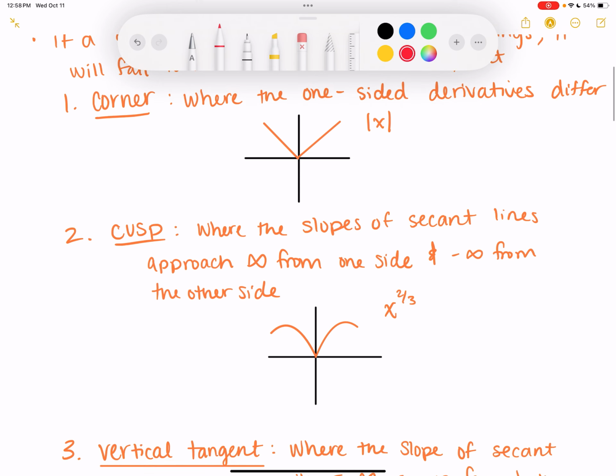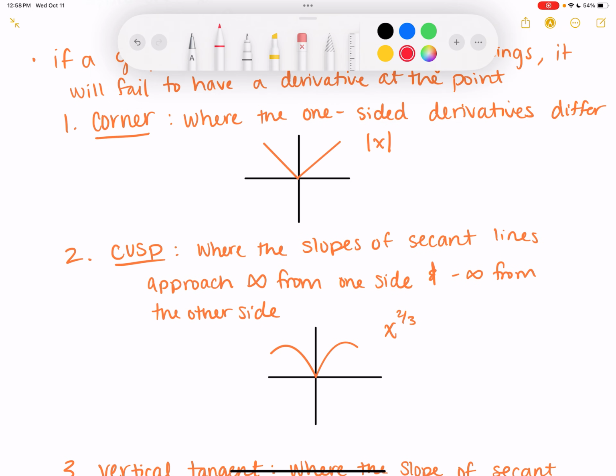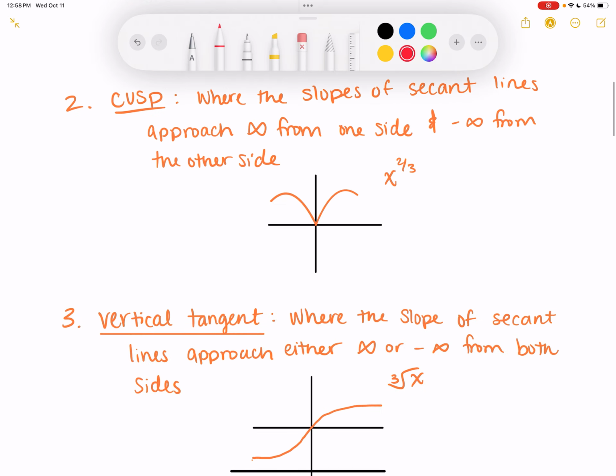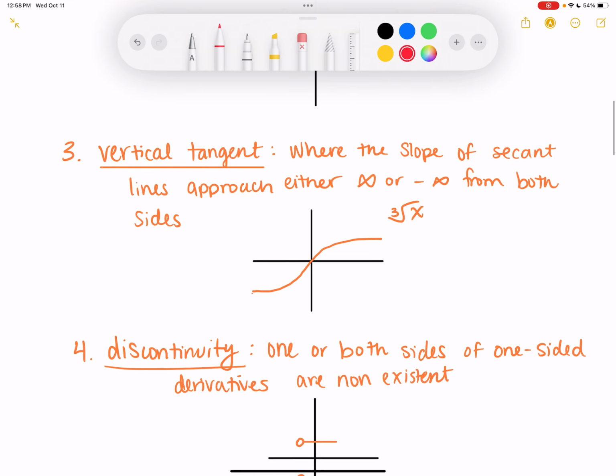Oh, okay. So basically these next problems say the function fails to be differentiable at x equals 0. Tell whether the problem is a corner, a cusp, a vertical tangent, or a discontinuity. We're looking for things that look like the examples I gave you. If you're not sure, you can throw them in a graph.